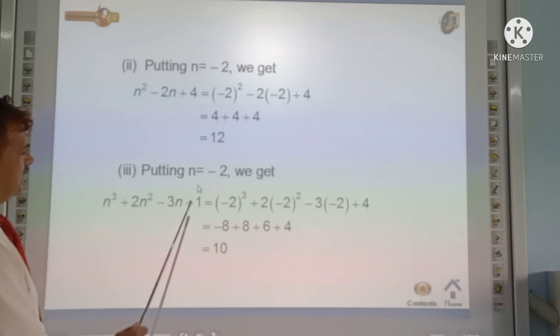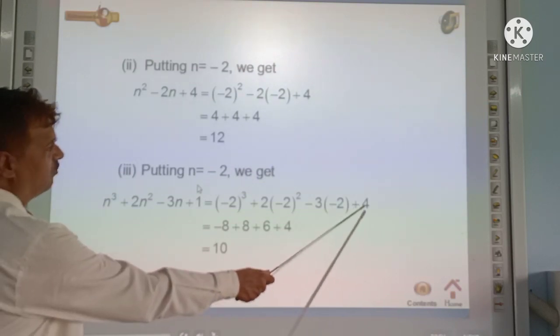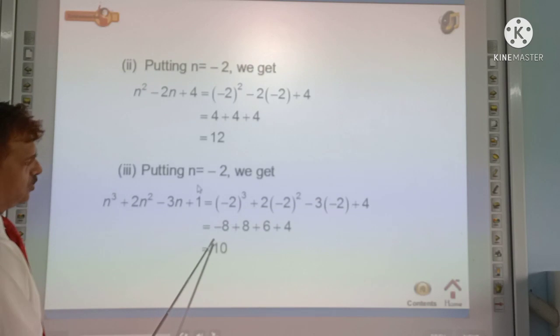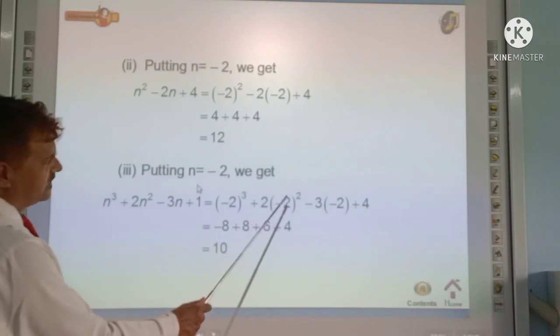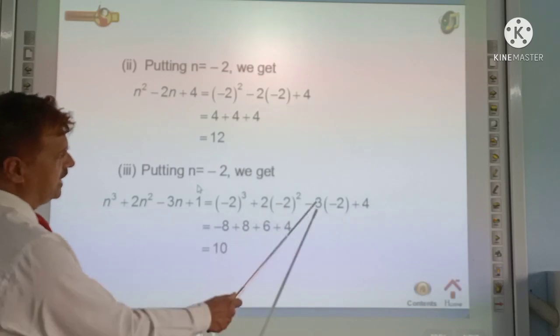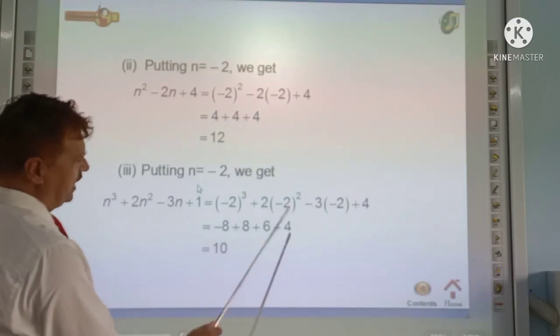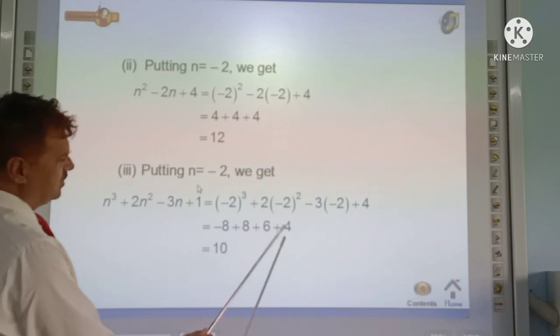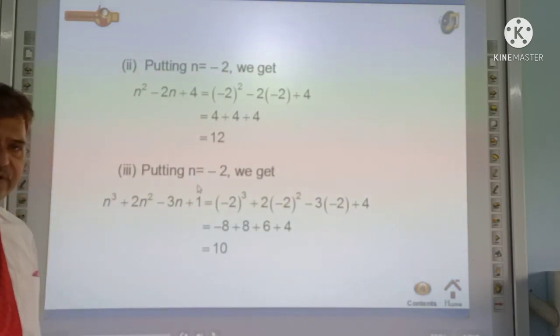Okay, you will solve it with 1. Here it will be 1. Okay, now minus 2 cube is equal to minus 8. Minus 2 power 4 square is equal to 4 to the 8. Here will be plus 6 and 1. 8 cancels with 8, and 6 plus 1. The answer will be 7. Okay.